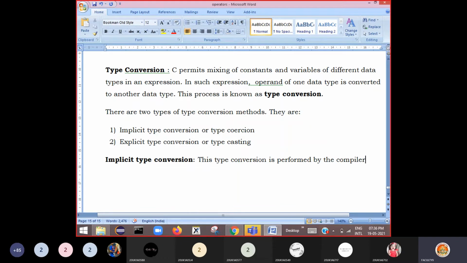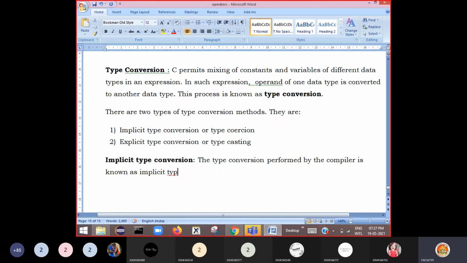If you want to write it in the form of a definition: the type conversion performed by the compiler is known as implicit type conversion.